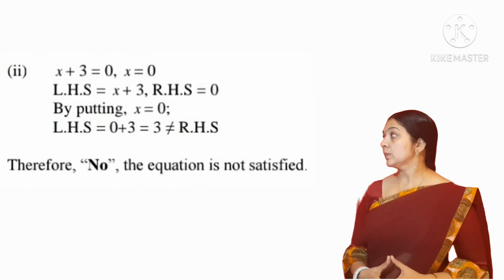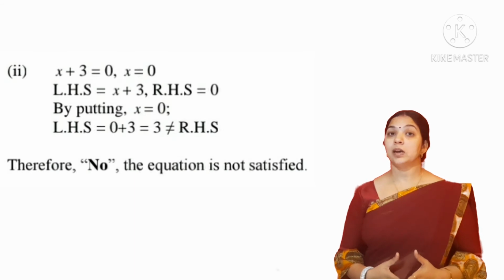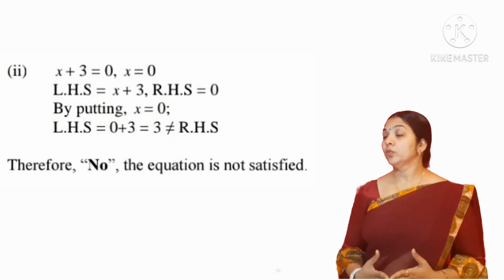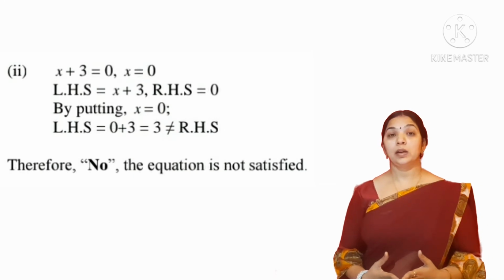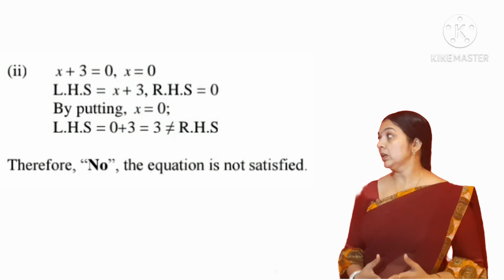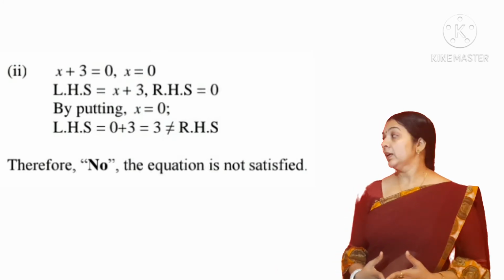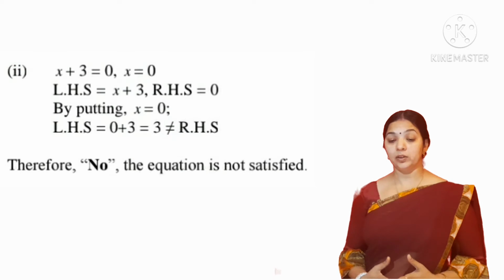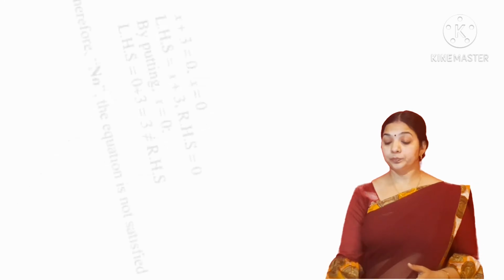Next, x plus 3 is equal to 0. And what value is given of x? x is equal to 0. We will replace x with 0. So in LHS, 0 plus 3 is equal to 3, and RHS is equal to 0. So LHS and RHS are not equal. So again the given value doesn't satisfy the given equation.